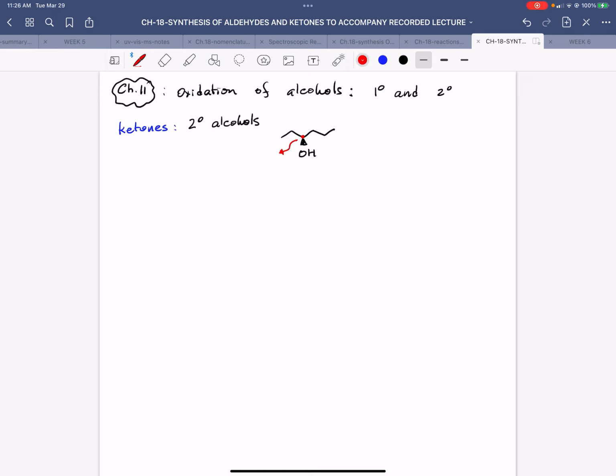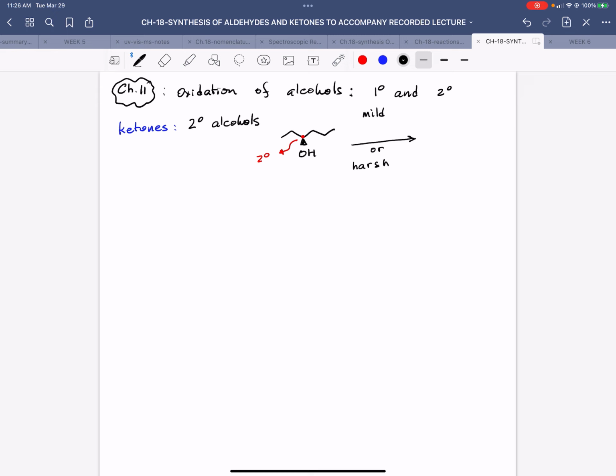Reactive carbon is a secondary carbon. So we could use, in this case, mild or harsh oxidative conditions. Okay? And let's make sure that we remember all of the conditions for that.